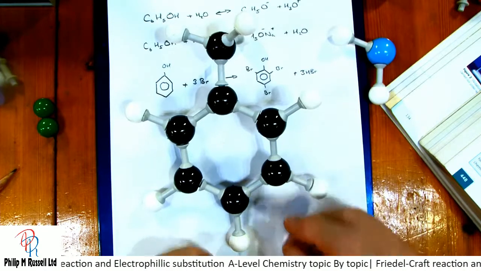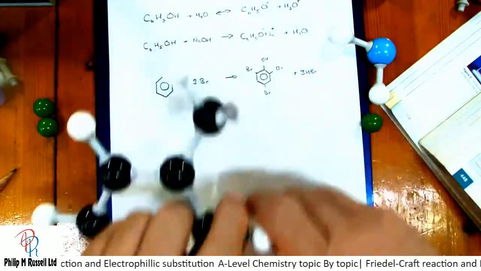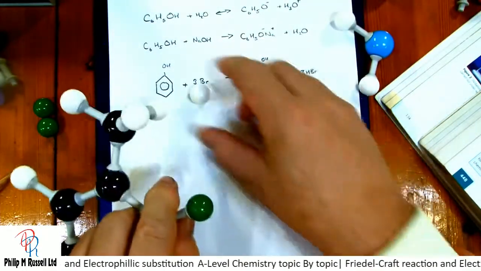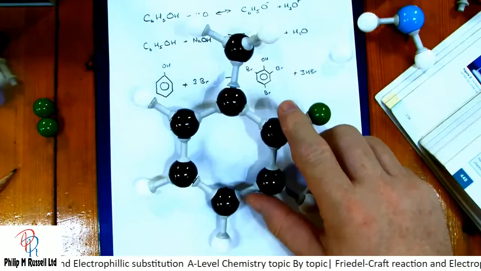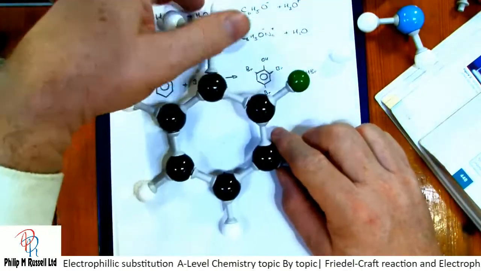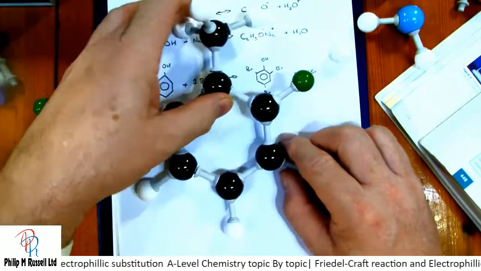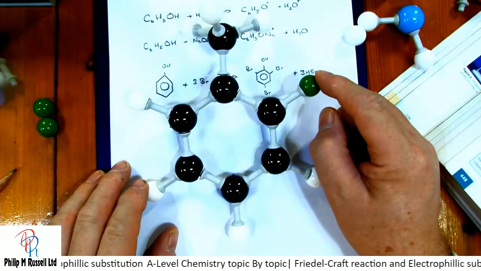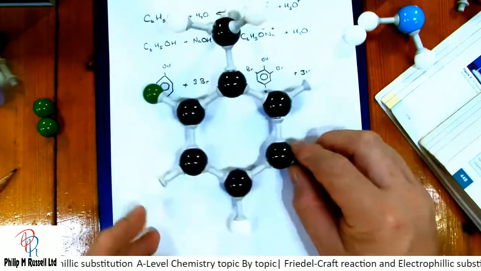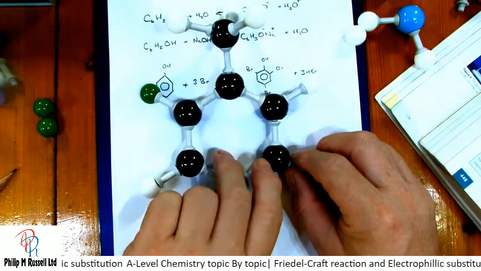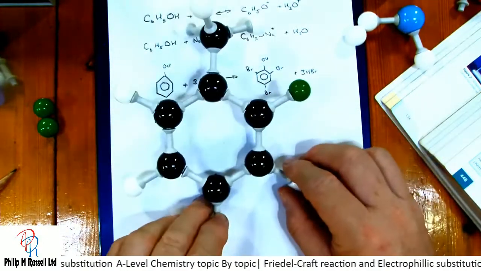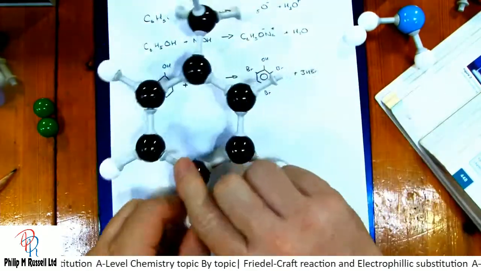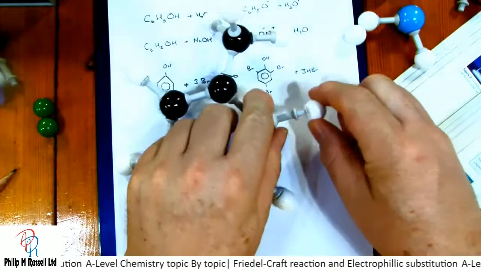If it only substitutes one group in here, so we've got perhaps one bromine coming in here, then I'm going to get this chemical, and of course I'm going to get its sister, this chemical, which are exactly the same, and I'm also going to get this one down here.